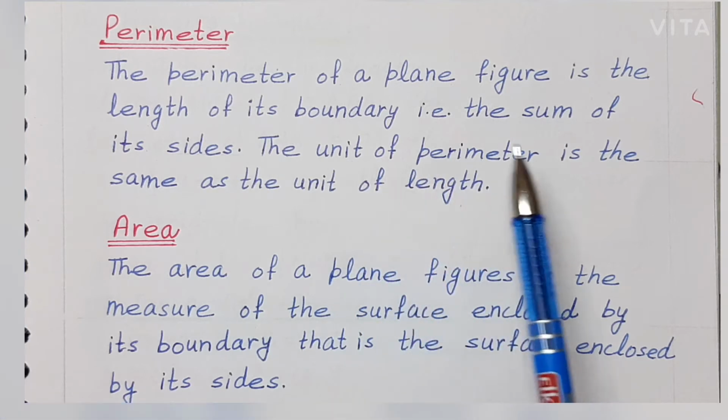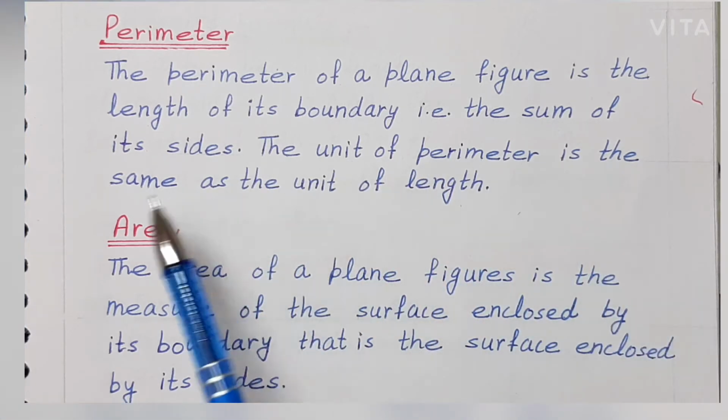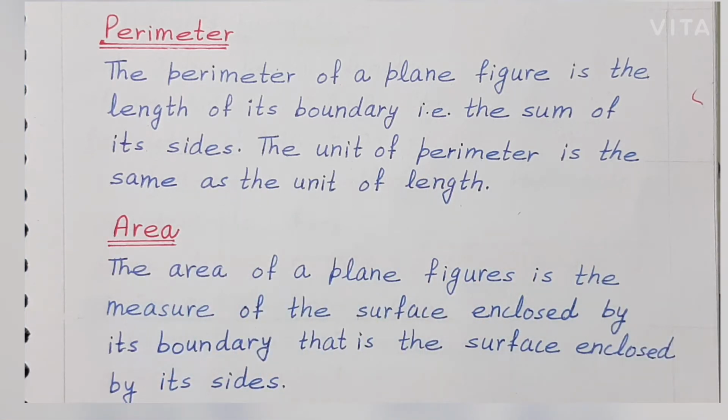The unit of perimeter is the same as the unit of length. So that means we add up all the lengths and we will get the perimeter. Clear?